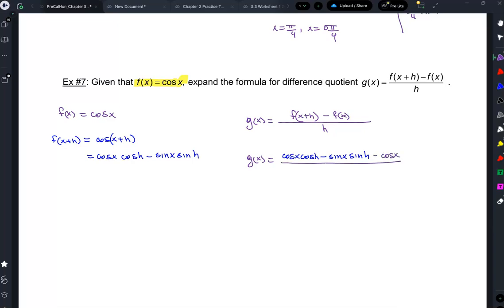Cosine of x, all over h. Okay? And that's how we leave it. That's it. Because this is the non-calculus part, and after this, the calculus part will take over, but right now we need to build this. So we're going to see this again in different chapters. We're going to see it in chapter 12, and it's going to be a part of life in calculus. Okay?